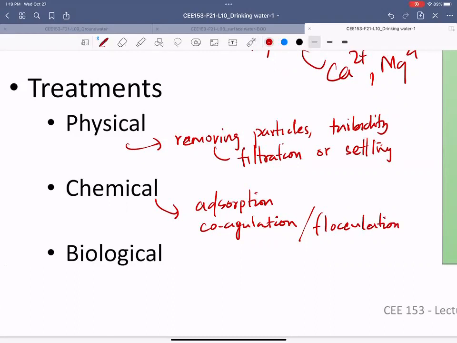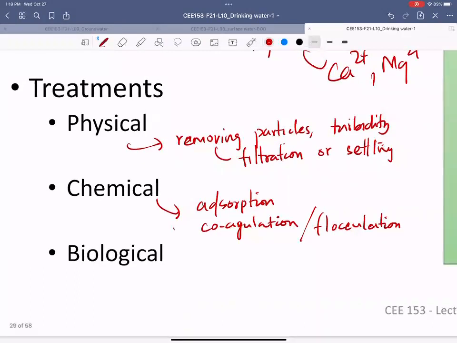And also disinfections. If you have lots of bacteria, how do you remove them? You can adsorb them. You can also use coagulations, but they are not very effective in removing everything. So at the end, you add chlorine, or some kind of disinfectant, to kill those bacteria.